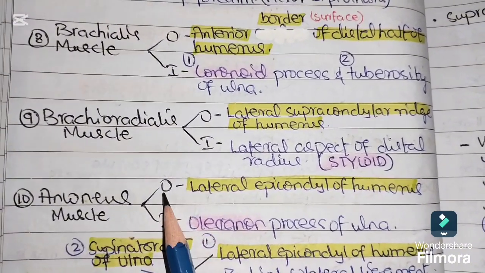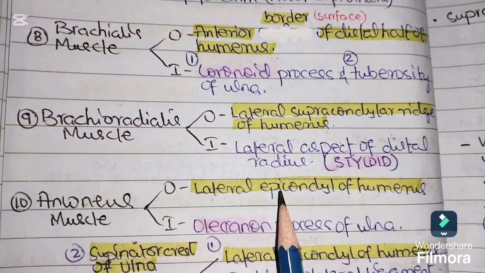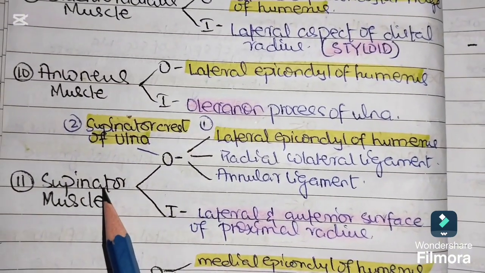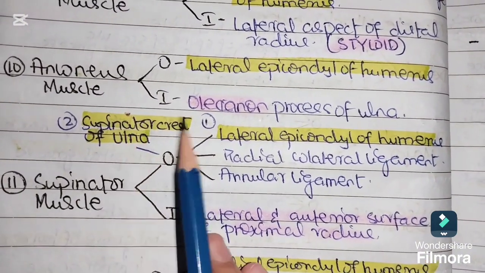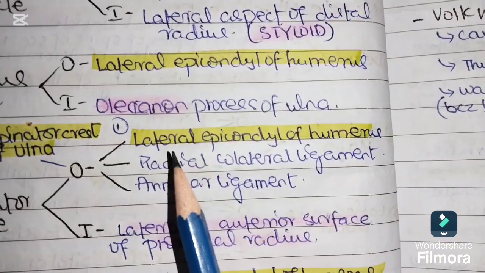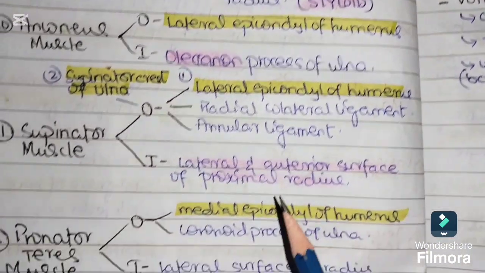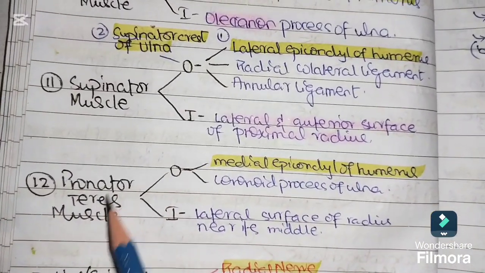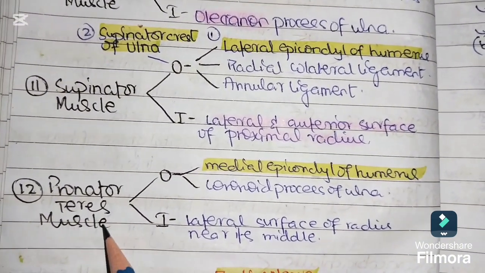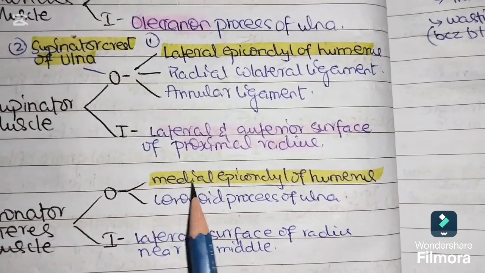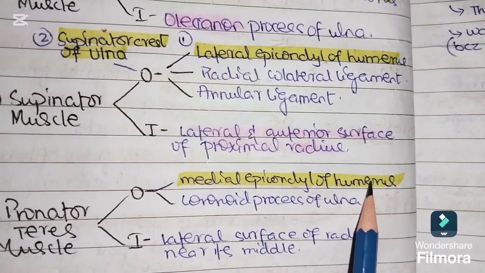The anconeus muscle originates in the lateral epicondyle of humerus. The supinator muscle originates in the supinator crest of ulna and in the lateral epicondyle of humerus. And finally, we have the pronator teres muscle, which originates in the medial epicondyle of humerus.